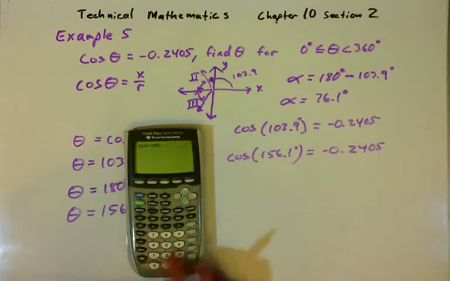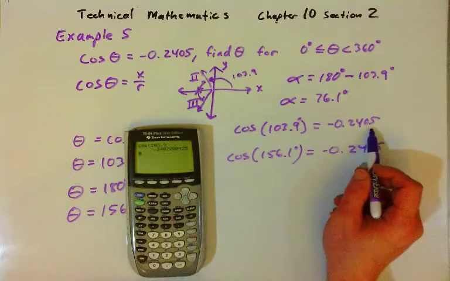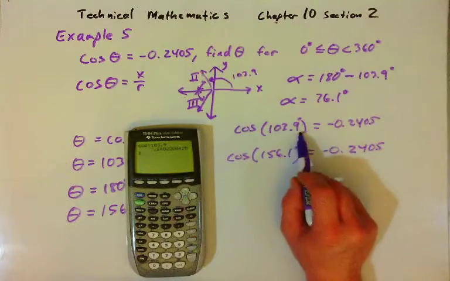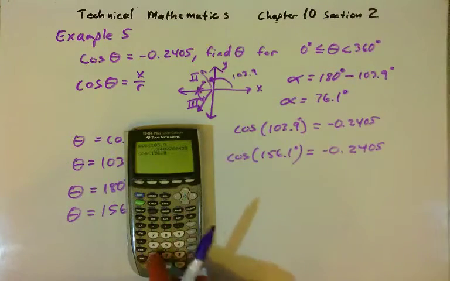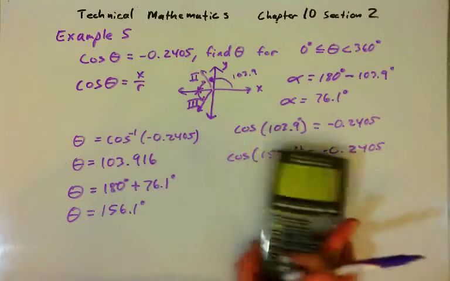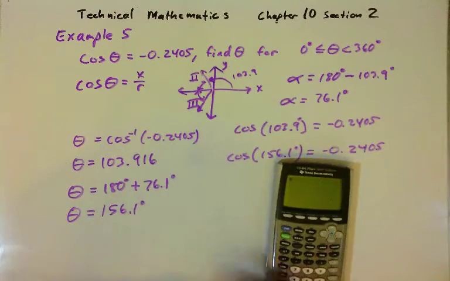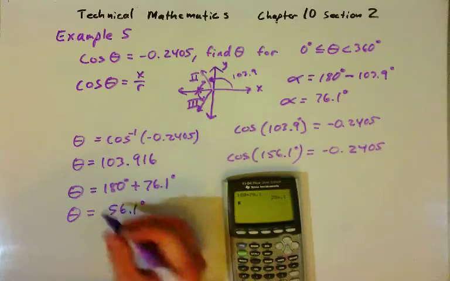The cosine of 103.9 is negative 0.2402, and there's a little bit of rounding error because we rounded our answers. Also, we think that the cosine of 156.1 is also, oh, I must have made a mistake. Let's see, did I make a mistake? 180 plus 76.1. Oh, I'm sorry, it's 256.